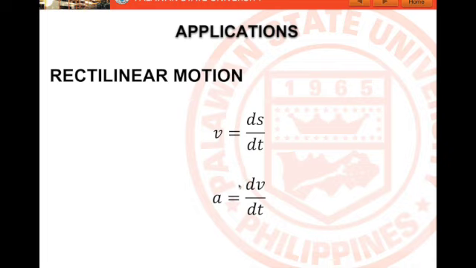So we get the antiderivative of this and the antiderivative of this to arrive at the equation of s. Mostly that is what we are going to do in solving these rectilinear motion problems. But of course, you already learned how to solve differential equations and do anti-differentiation techniques.